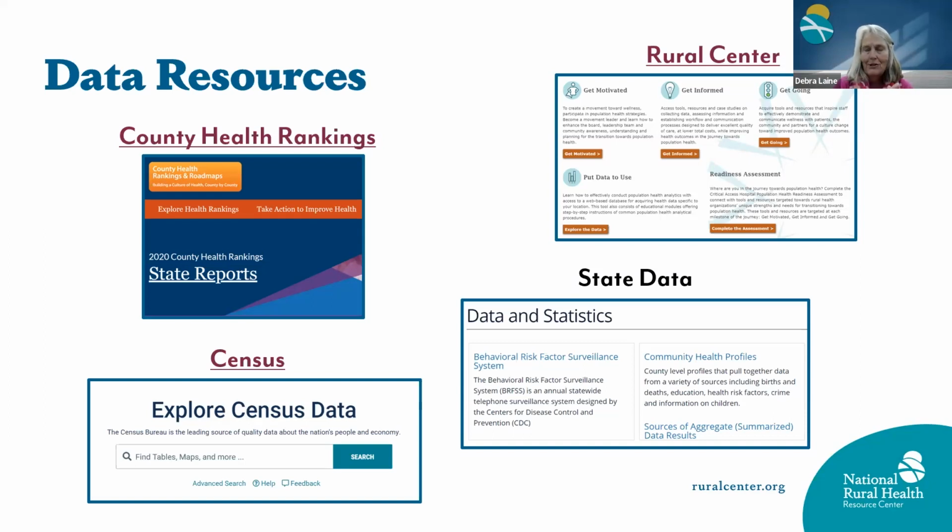So the landing pages are on this particular slide. So when you receive a copy of this presentation, those links will be included and you will be able to click on them and go right to health rankings, our website, and in getting into some of that census data if you already don't have those links.